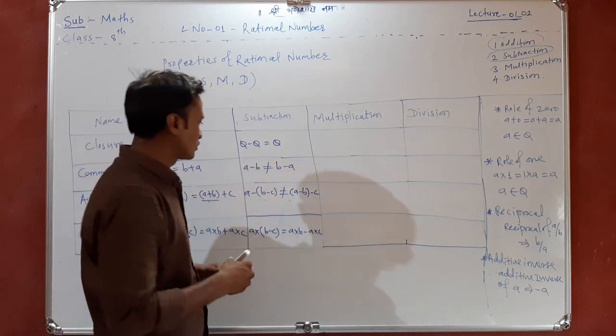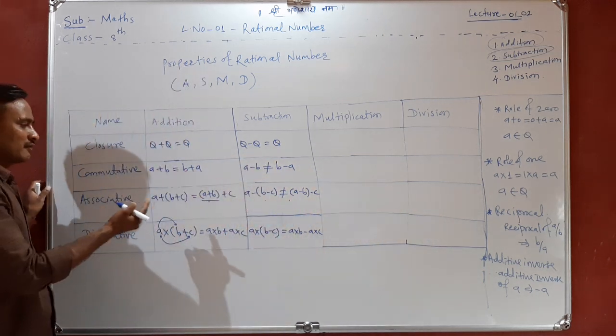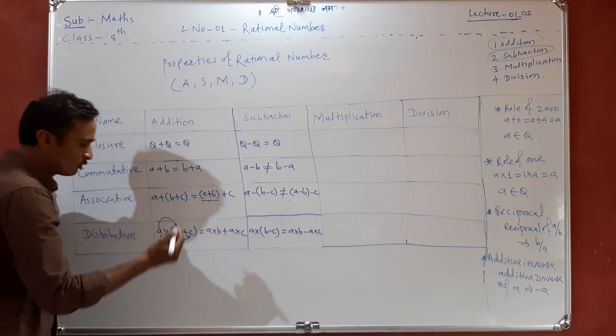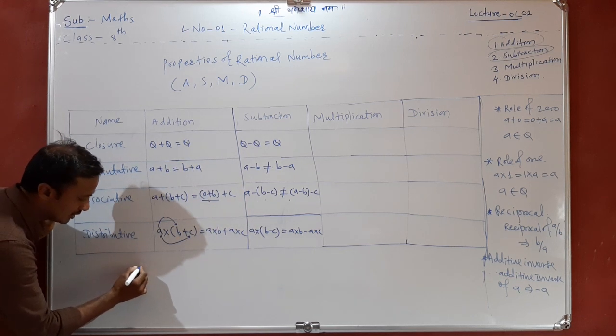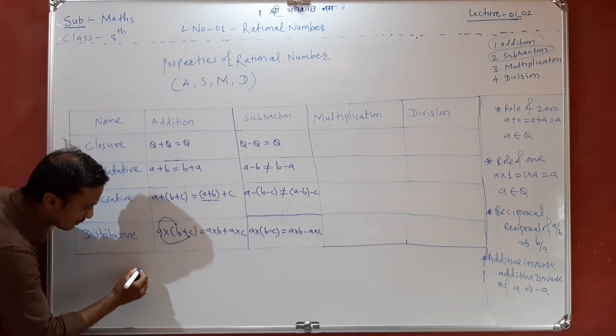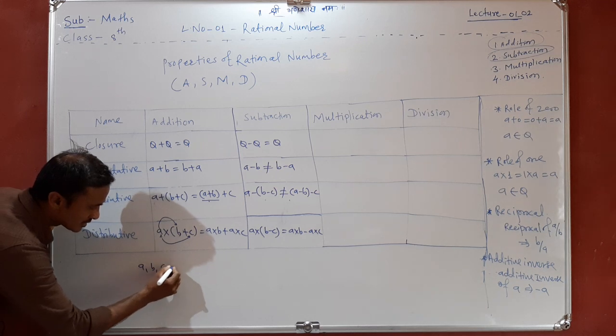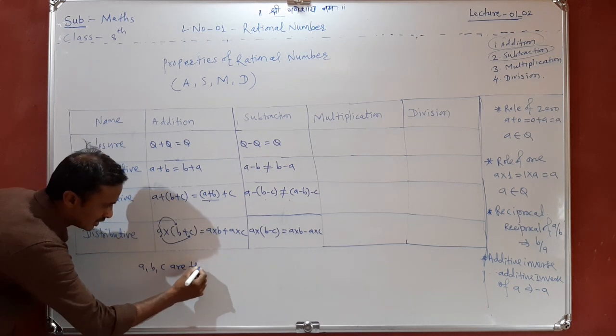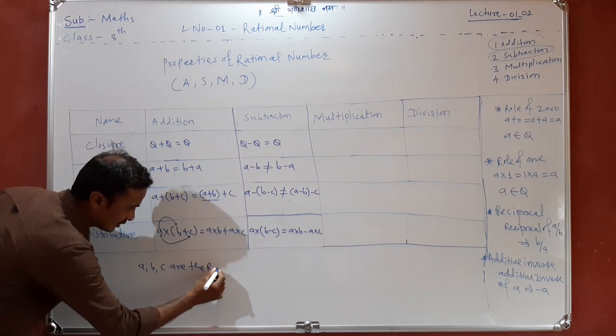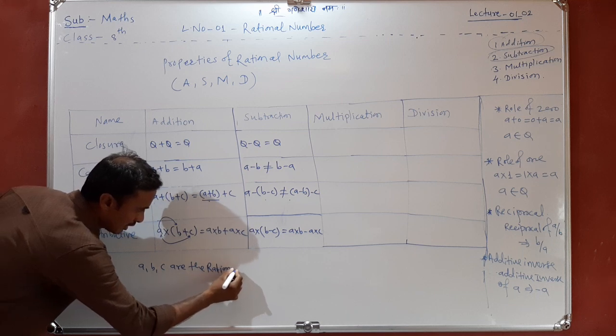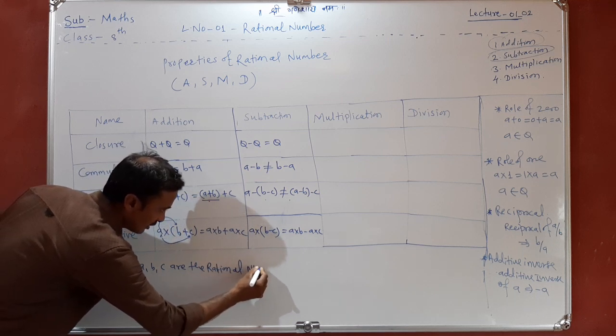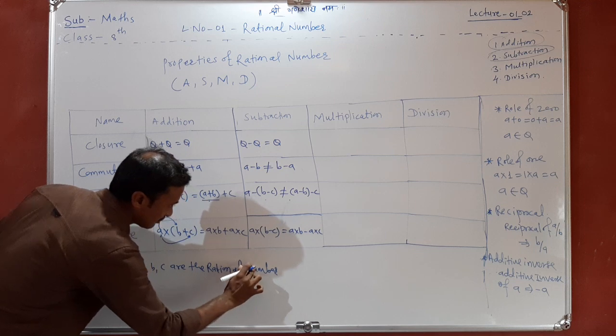Now it's time to learn the properties for multiplication. Now see here students, one thing keep in mind. If I am writing a, b, c, what is meant by a, b, c? In the above table, a, b, c are rational numbers.